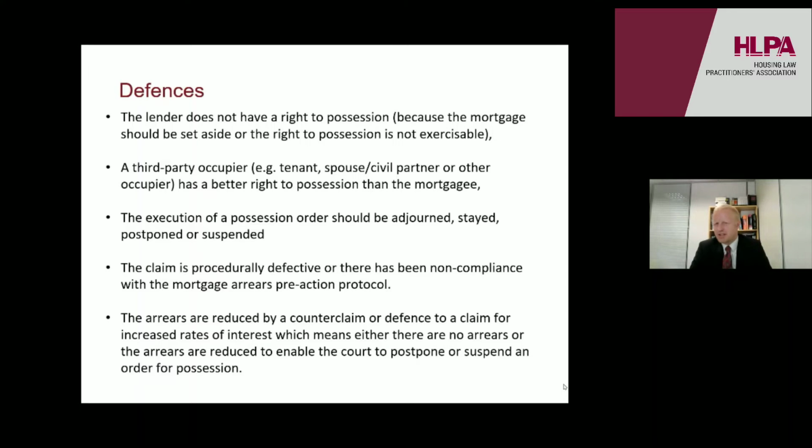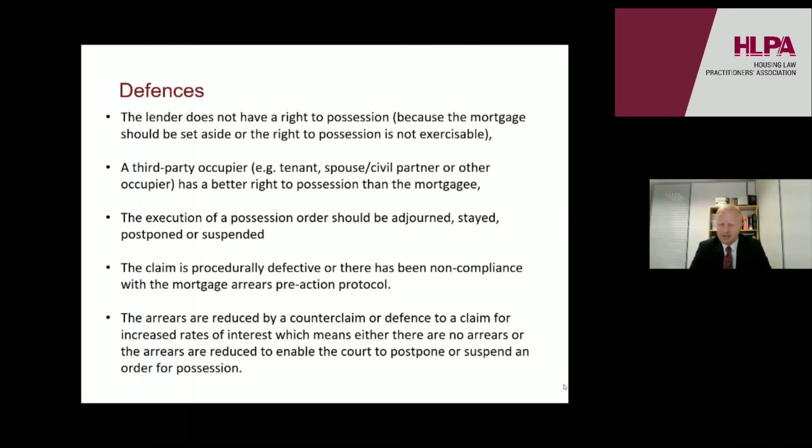Fourth type of defence is you might be able to have it struck out. Unlikely, but you never know if it's procedurally defective, or you wouldn't be able to have it struck out for non-compliance with the mortgage arrears pre-action protocol, but you could probably have it adjourned or stayed or suspended.